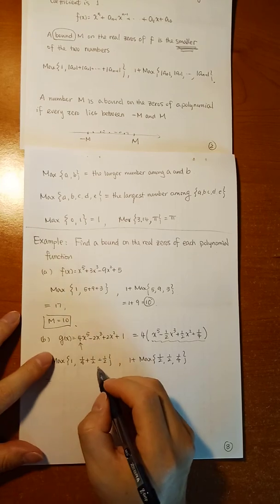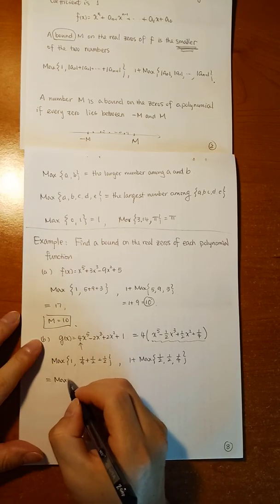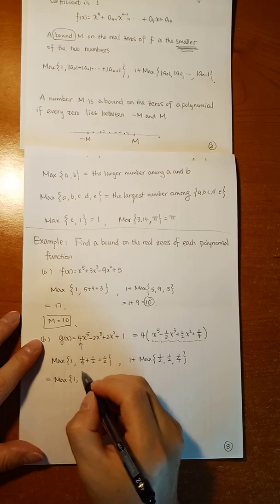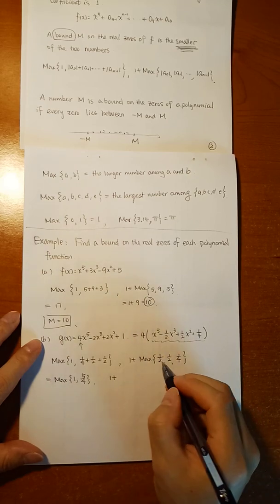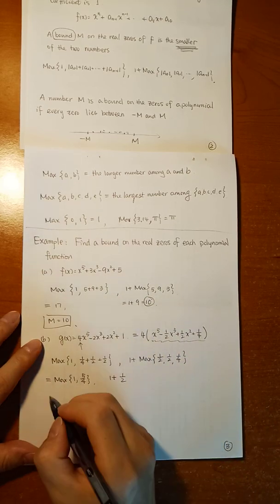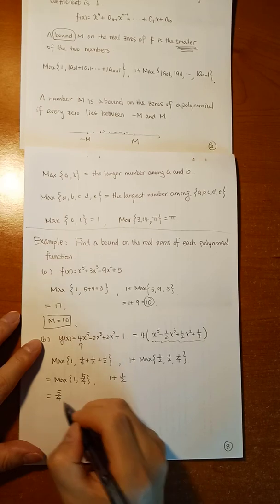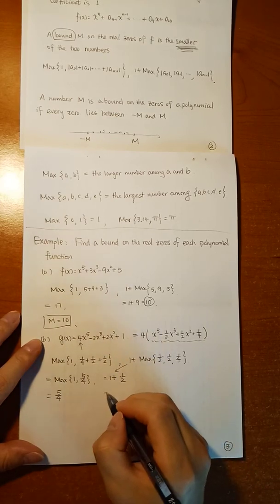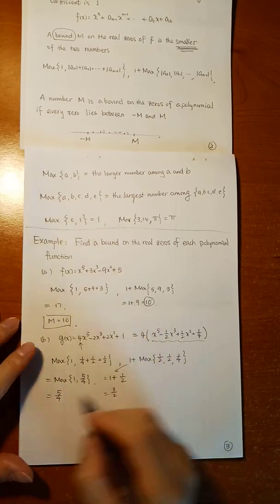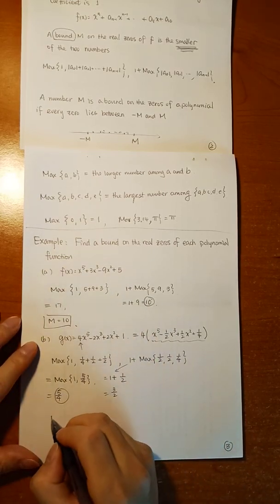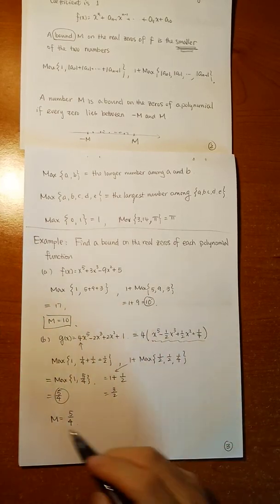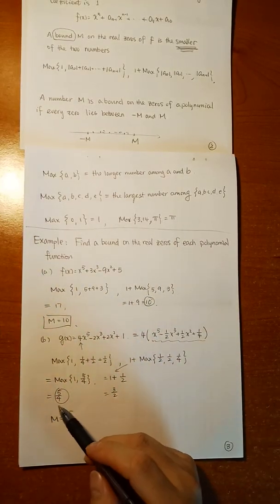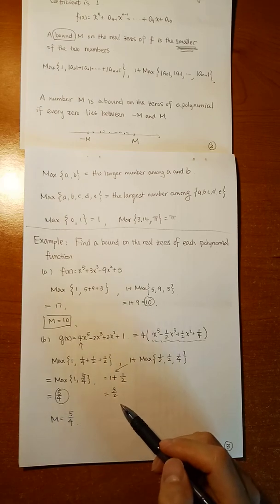So the first is max of 1 and 5/4, which is 5/4. The second is 1 plus 1/2, which is 3/2. Which one is smaller? 5/4 is smaller. So M is equal to 5/4. 3/2 is bigger, 5/4 is smaller. It's 1.25 versus 1.50.